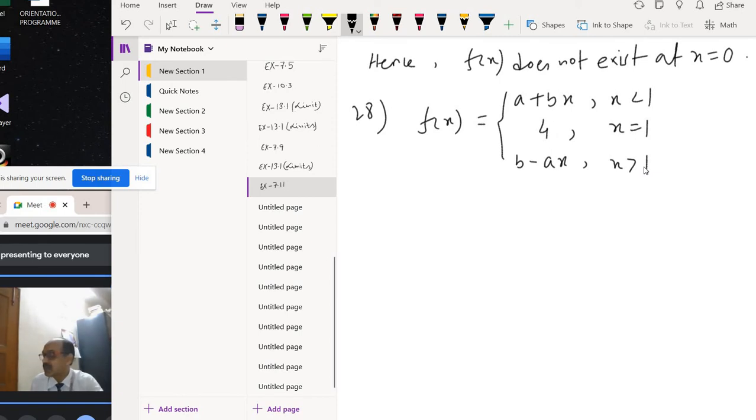And if limit x tends to 1, f(x) equals f(1), what are the possible values of a and b?